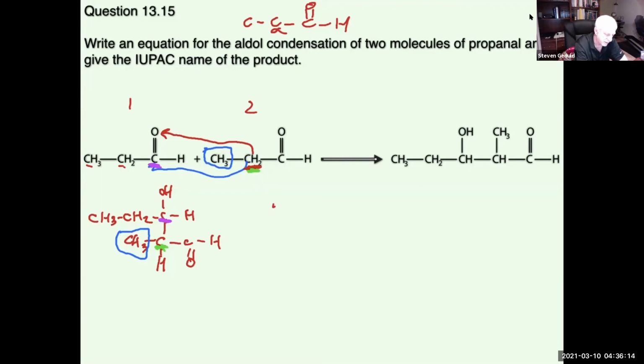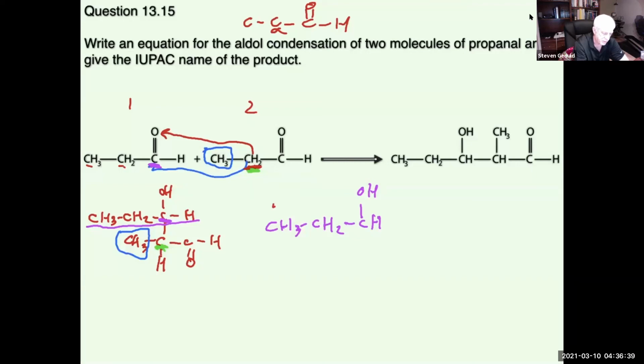Let's just do the top line right across here. We end up with CH3, CH2, carbon with a hydrogen, and then an OH group. I did the first line, right? This is that first line. I just copied it.